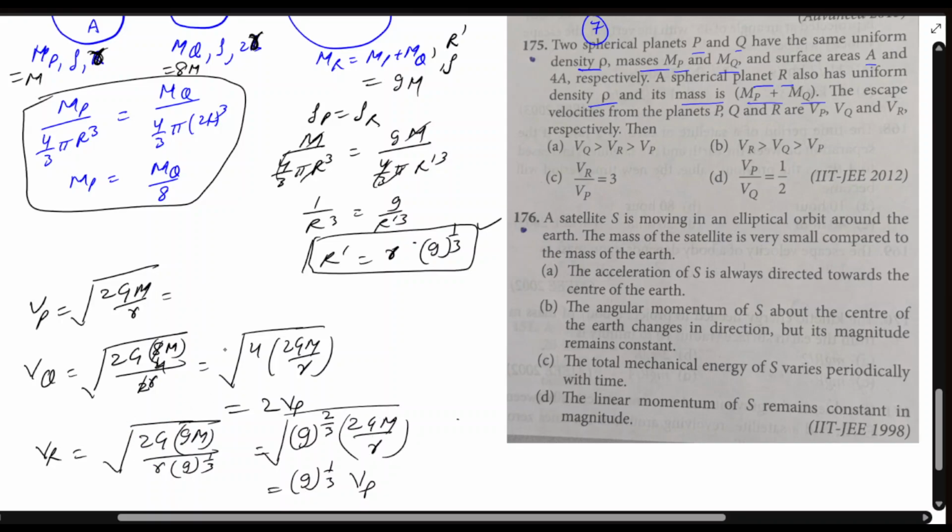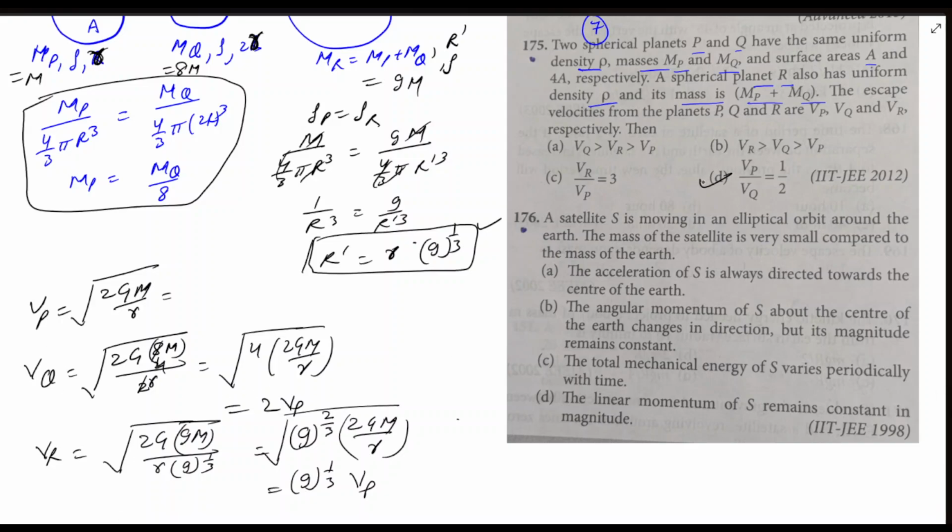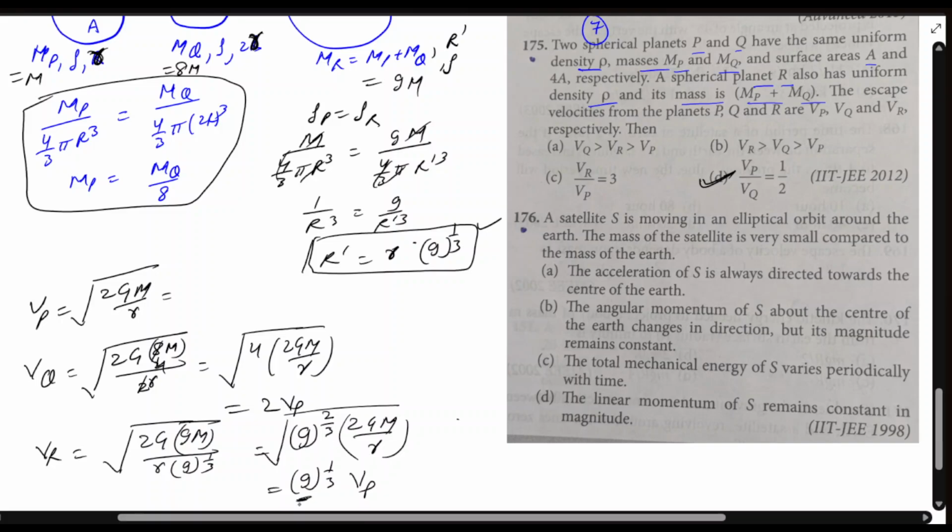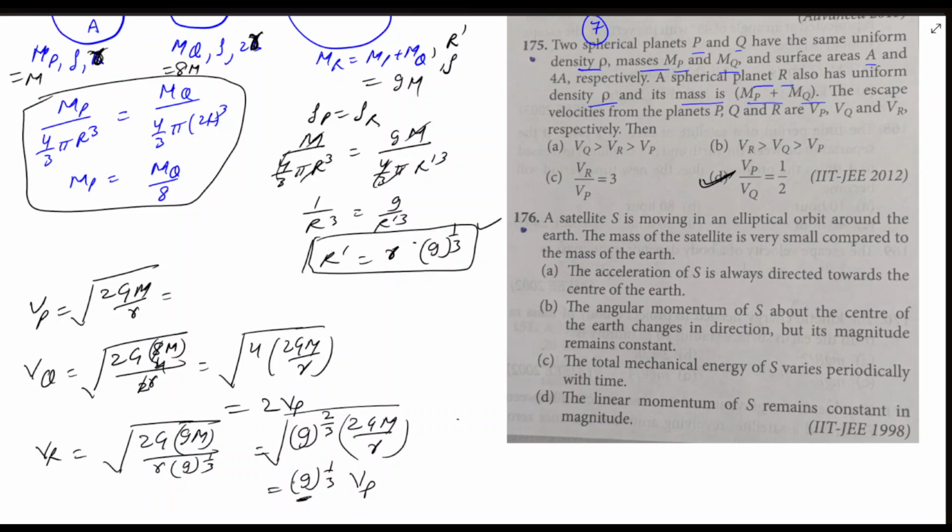So clearly Vp by Vq is 1 by 2. So option D is correct. And look, this 9 is more than 8, so Vr will be greater than 2 Vp. So Vr is greater than Vq, and Vq is greater than, of course, Vp.